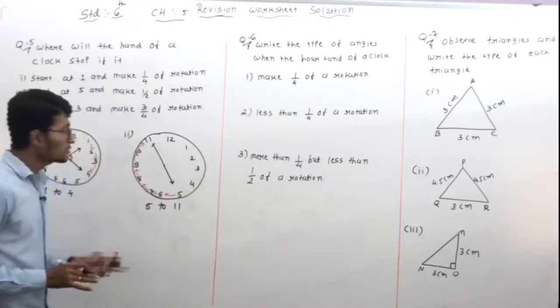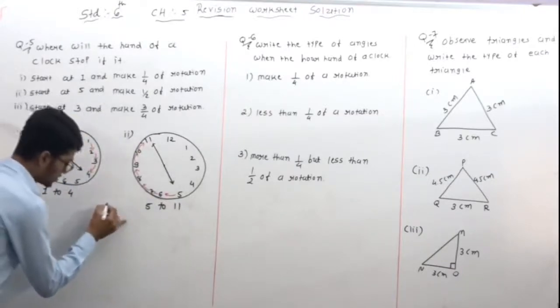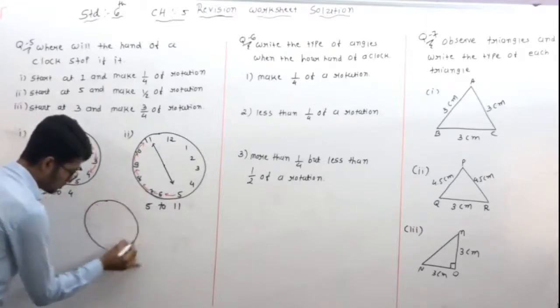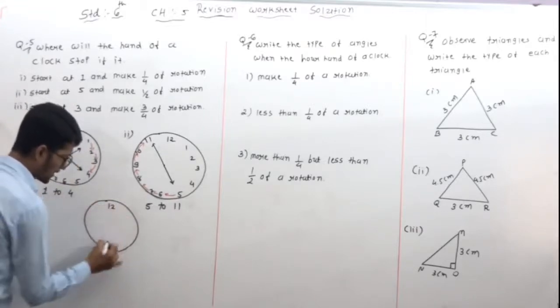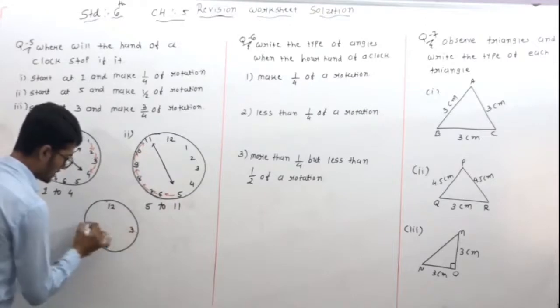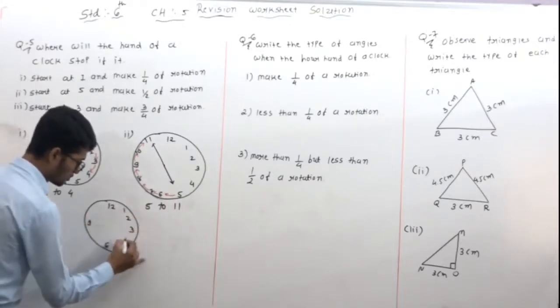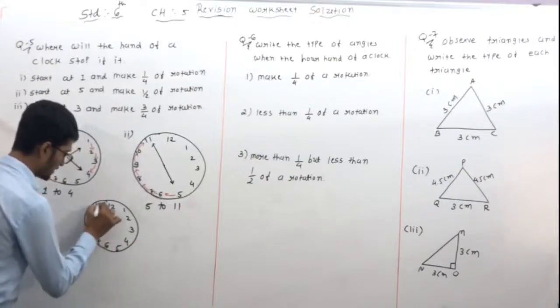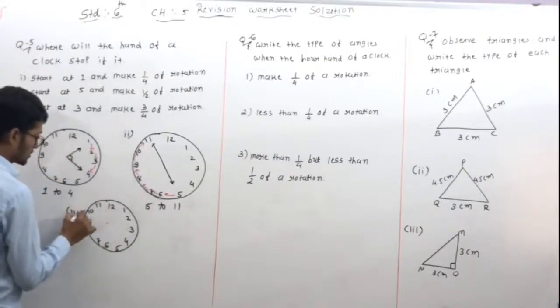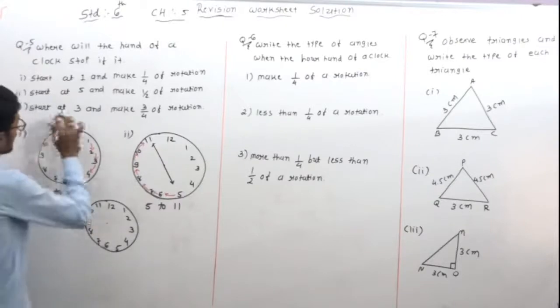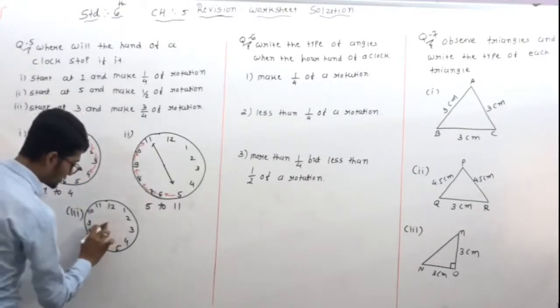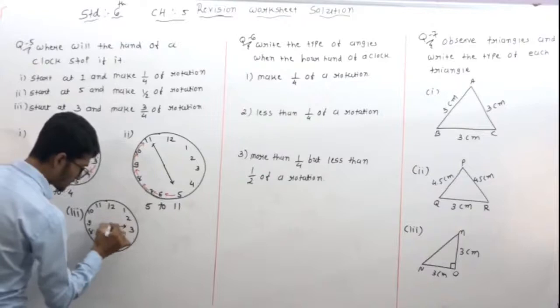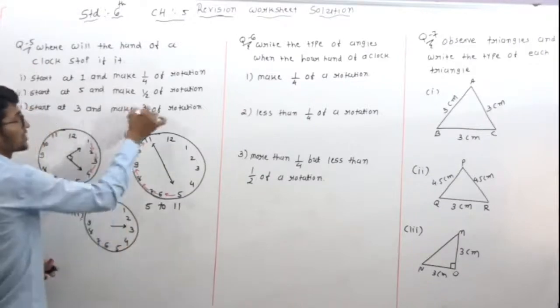Understand? Third one. In the third question, again draw 12, 6, 3, 9, 1, 2, 4, 5, 7, 8, 10 and 11. Starting at 3, with a 3/4 rotation.